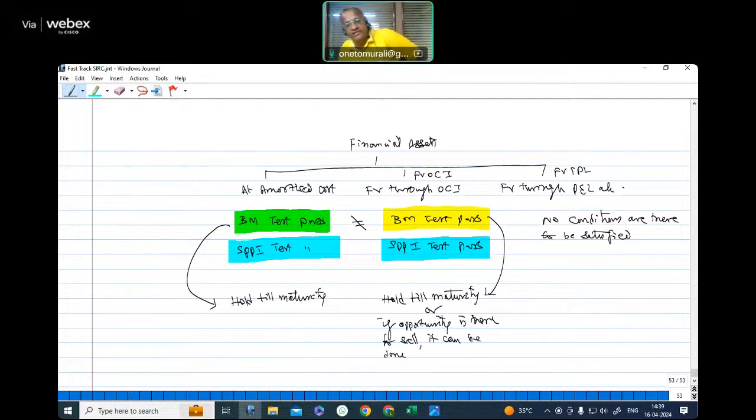If opportunity is there to sell, it can be done. Here we do not have that thing. Held till maturity should be there. HTM.